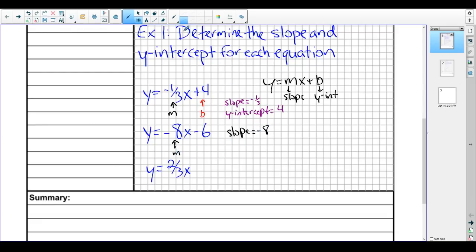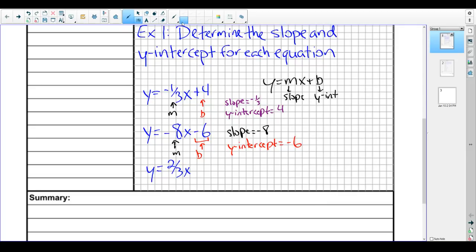Now the only part you're going to mess up on, maybe, is our y-intercept is everything at the end. Okay? So our y-intercept is not just 6, it is negative 6. We say it again and again, there's no difference between a minus and a negative. So our y-intercept is negative 6. And that's the answer for the second one.